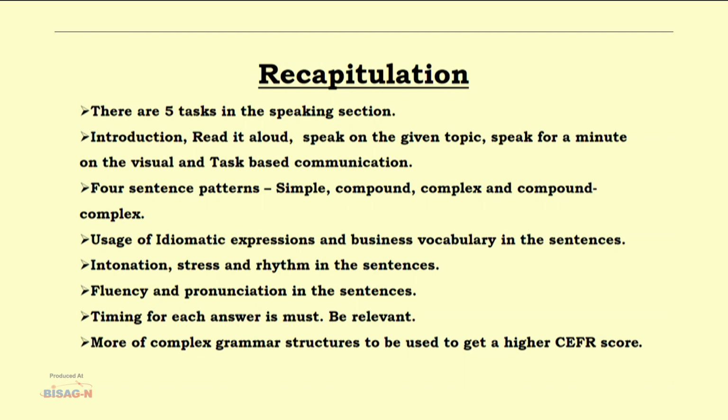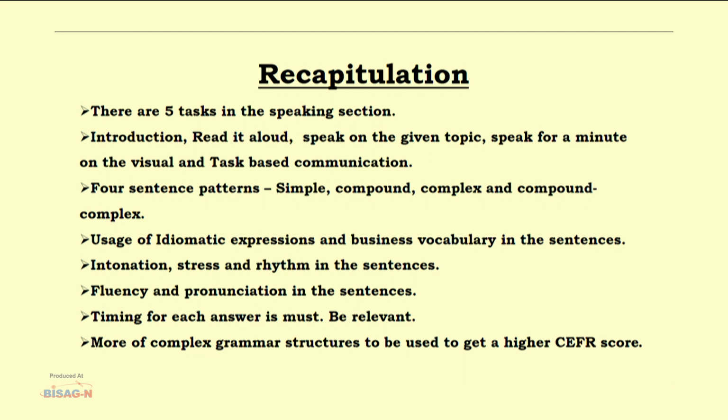The sentence patterns range from simple and compound to complex sentences. It is mandatory to use these sentences when you're giving the speaking examination. Usage of idiomatic expressions is also necessary whenever the candidate appears for an exam.